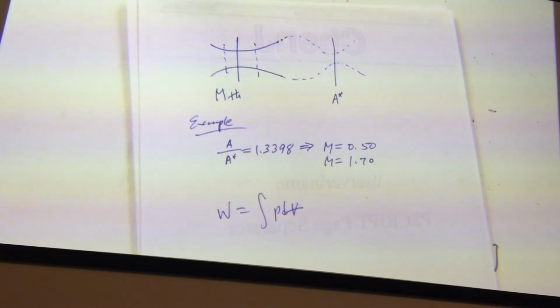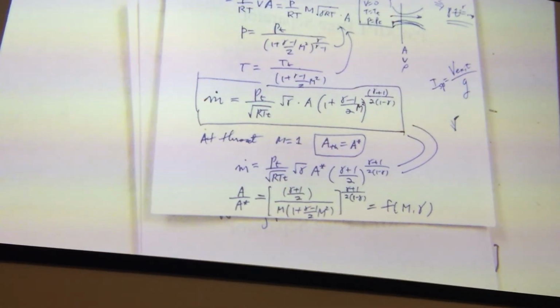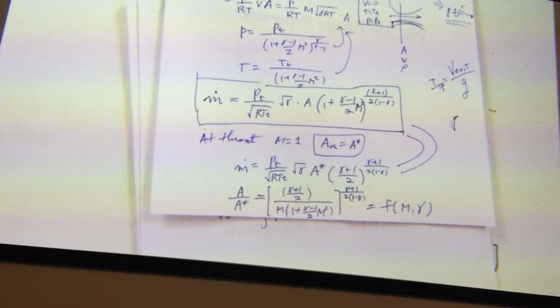Now, so we know a shock wave. I can determine the Mach number in 3 ways now. I either look at the ratio of pressure, or the ratio of temperature, stagnation to static, or I simply look at the area ratio. If I get one, I can check the Mach number, I can check the other two. Make sense?